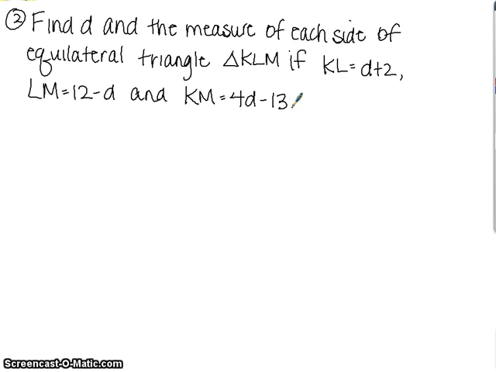Okay, so we're told that this triangle KLM is equilateral. Okay, maybe you don't need to draw a picture. Maybe you do. All right, so let's say that this is KLM. If it's equilateral, we know that all three sides are the same.